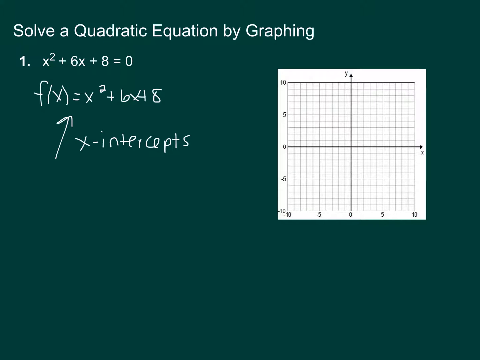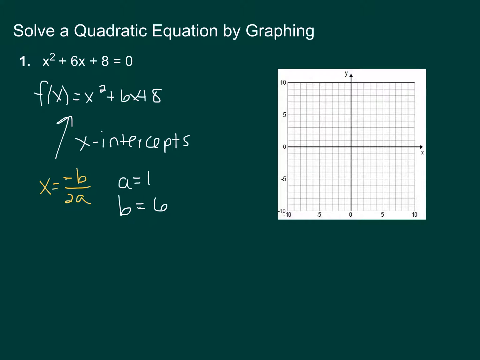So we learned some easier ways to graph quadratics than just making a table. So we're going to start out by finding the vertex. So we got x equals negative b over 2a. And in our case, a is equal to 1, because we're talking about standard form still up here. b is equal to 6.